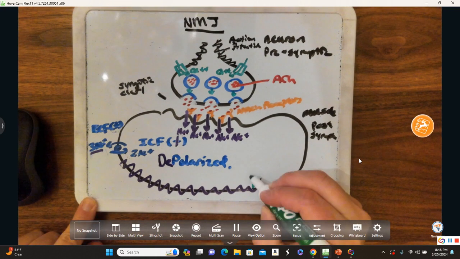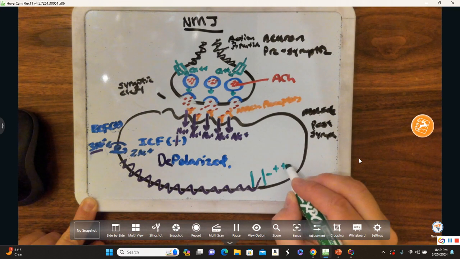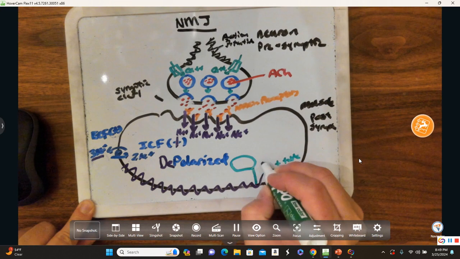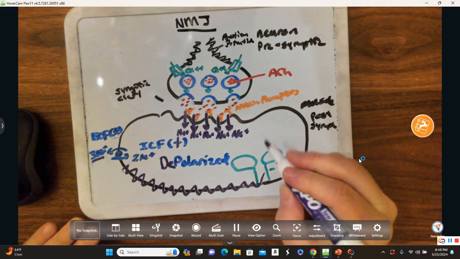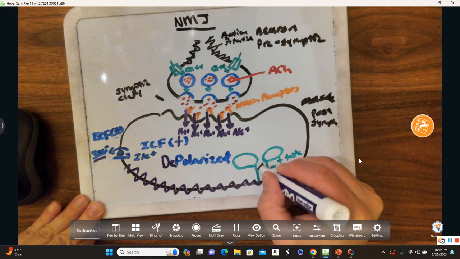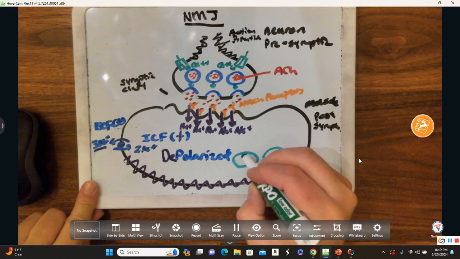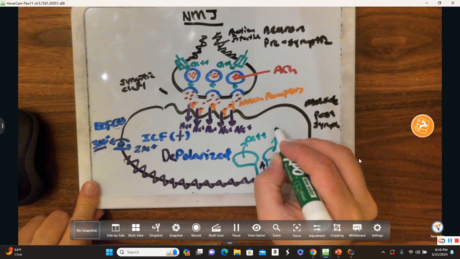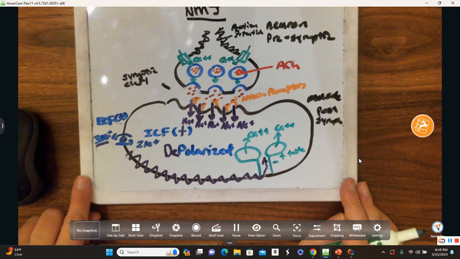And there was a T tubule and the two terminal cisternae, a triad. And this action potential goes down this T tubule and releases calcium out of that, and the muscle contracts.